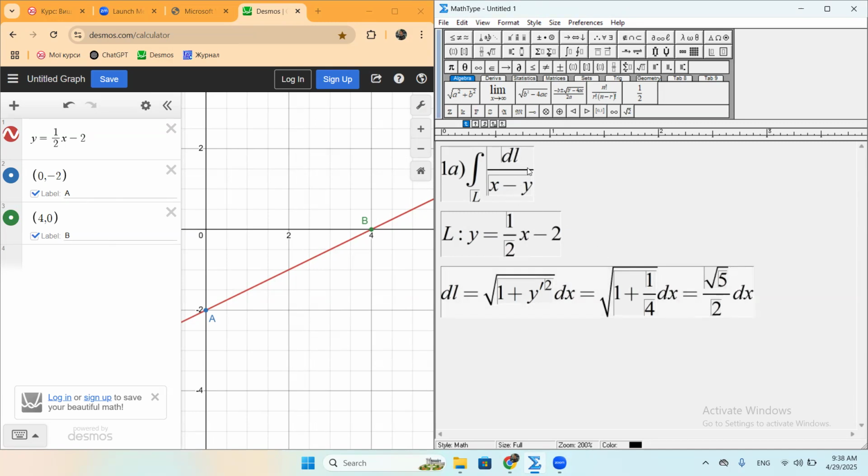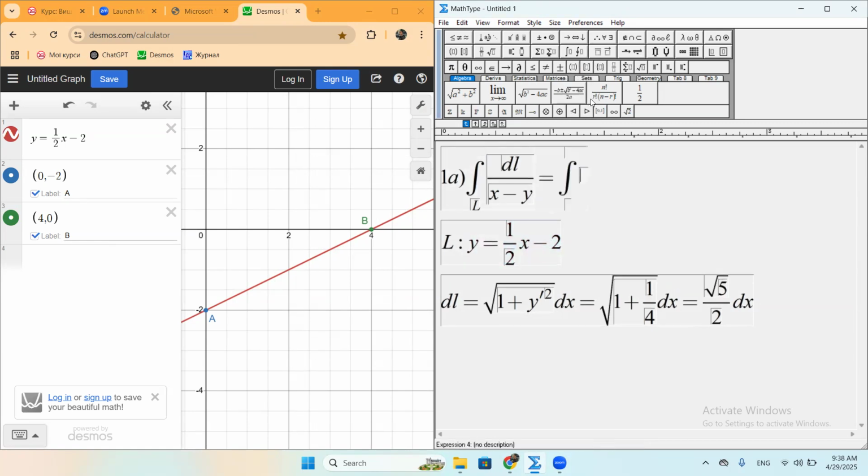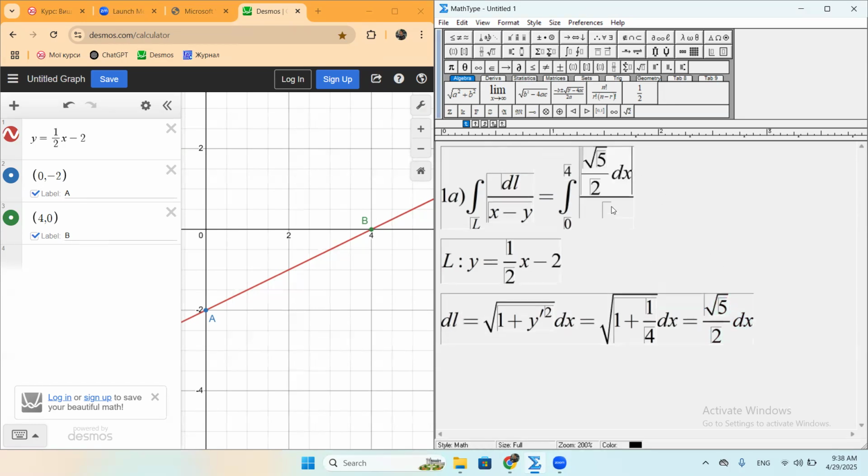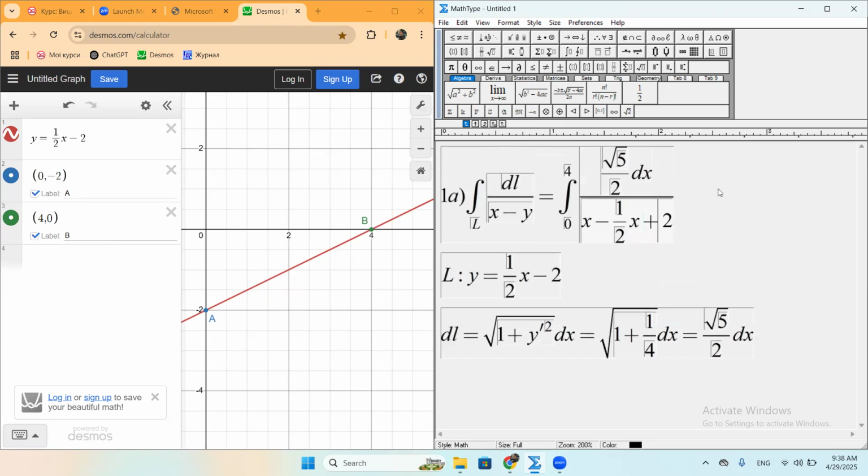Then I will substitute this expression instead of y, and we will receive the following integral with limits of integration 0, 4. dl is this expression, and the denominator is x minus 1 over 2 x plus 2. Let's simplify it a little bit.